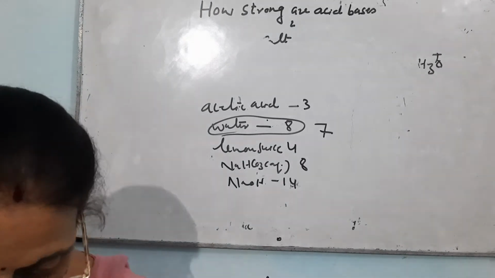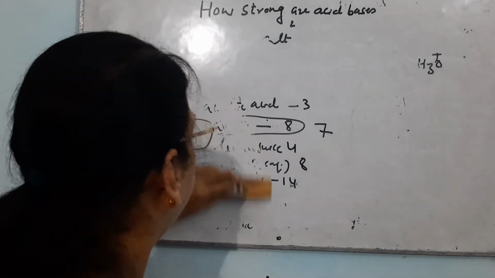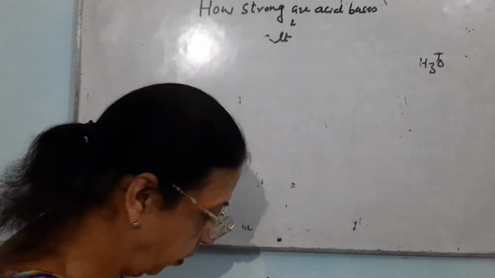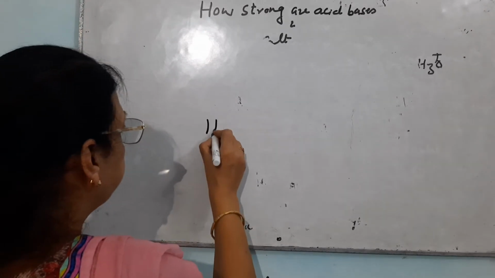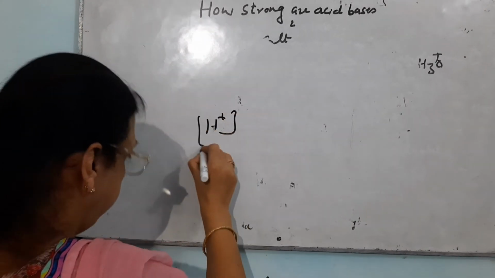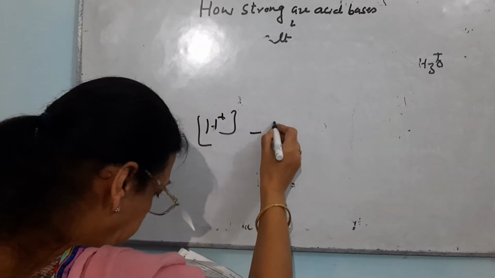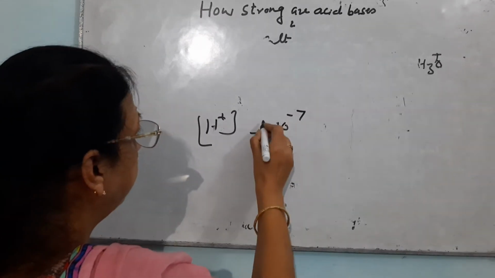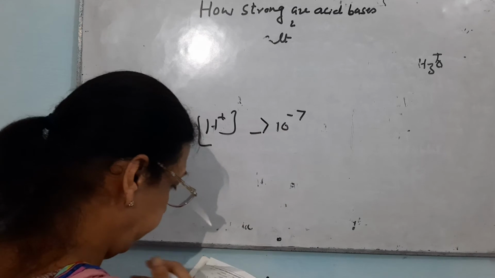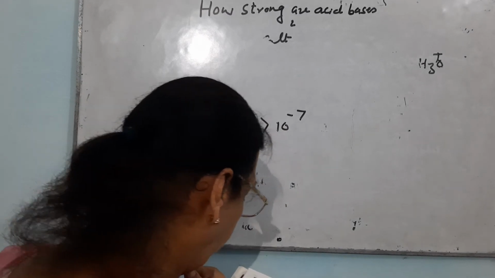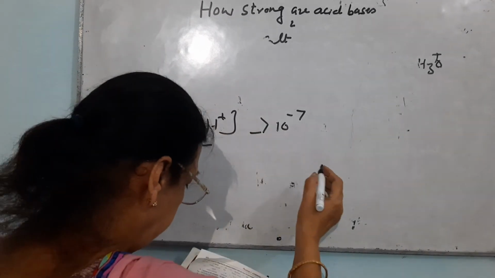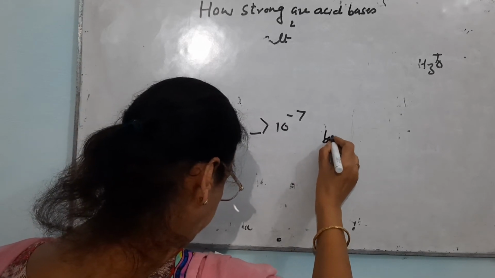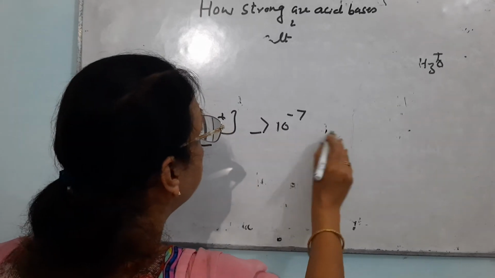If the hydrogen ion concentration is 10⁻⁷ or greater than it, then the solution is acidic.